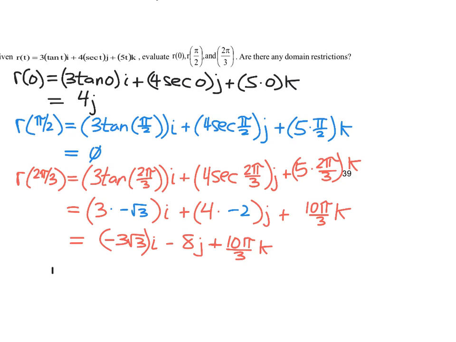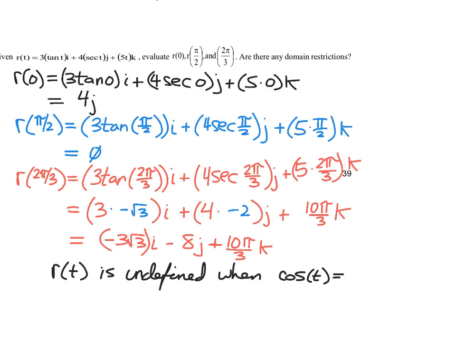So r of t is undefined when cosine of t is equal to 0. All right.